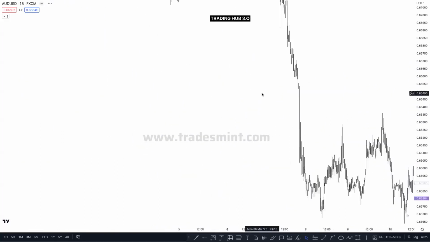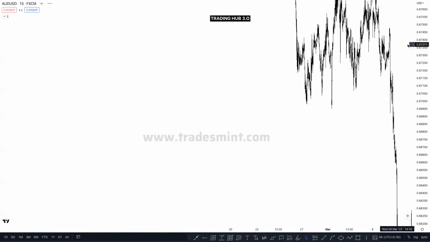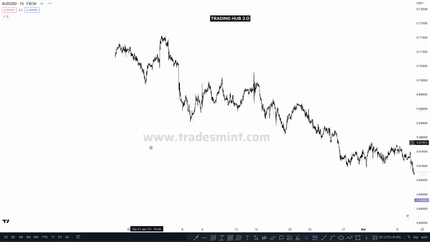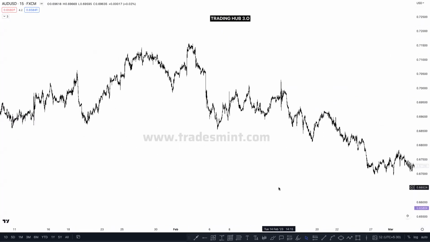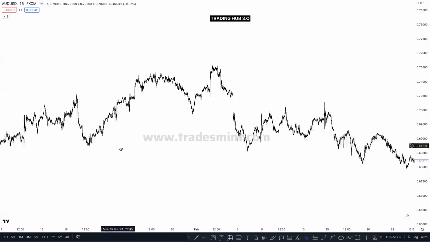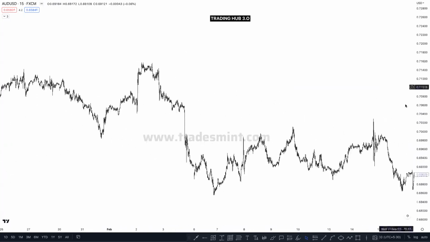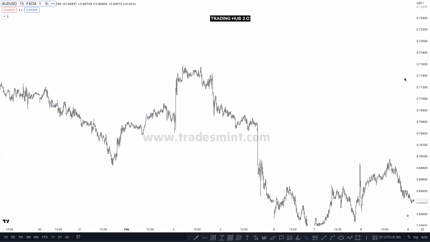So first of all, you have to mark the valid structure. Okay. So let's start from the top of the structure to the bottom of the structure. And then I will show you exactly how you can identify the possible trend. So this is our last structure here, correct?